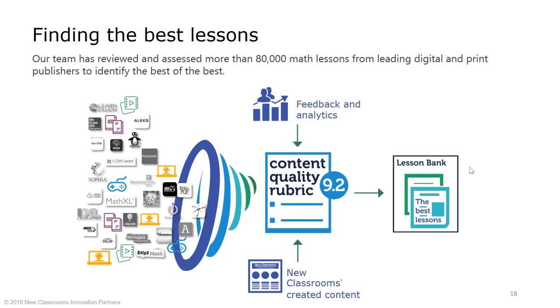Essentially, there are 30 to 40 quality lessons for each individual discrete skill. Where there were gaps, the Teach to One team has created over 2,000 additional lessons to make sure that we have quality lessons for each one of those skills.